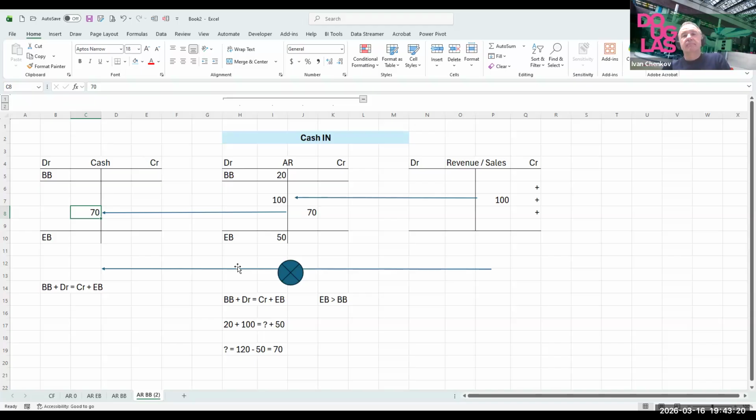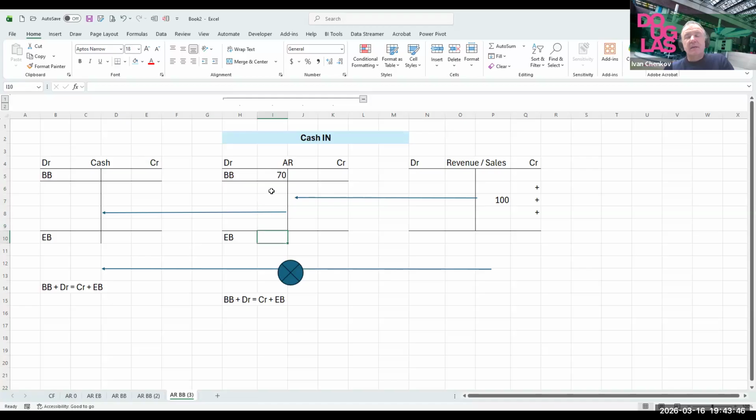Okay, let's keep going then. That's one possibility. Let's see the other possibility. Let's forget about this. So again, our sales are 100. My beginning balance, let's put it now at 70.